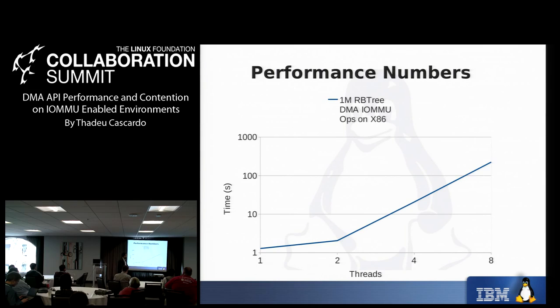I still want to do more testing with other algorithms. There is the IOVA allocator, which is used to try to allocate a range. It does exactly what this code does. It reserves some memory space. It does not allocate memory itself, but a memory address space, and it uses a bitmap.